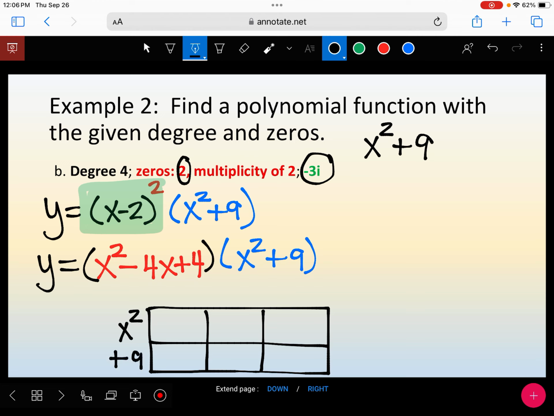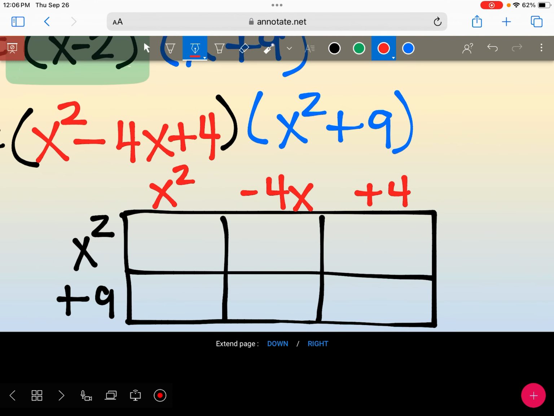We got x squared plus 9, and then across the top, x squared minus 4x plus 4. Go ahead and fill in all 6 squares.